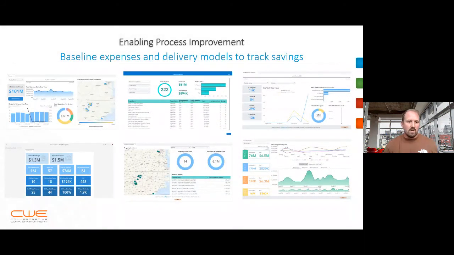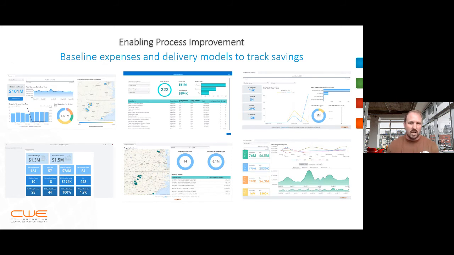So we've now inventoried the data, we've created a common data model, and now it's time to take that data and build the reports that you've decided on with your organization. There's a series of dashboards that I'm going to show you here, but really what this allows your team to do is enable process improvement.